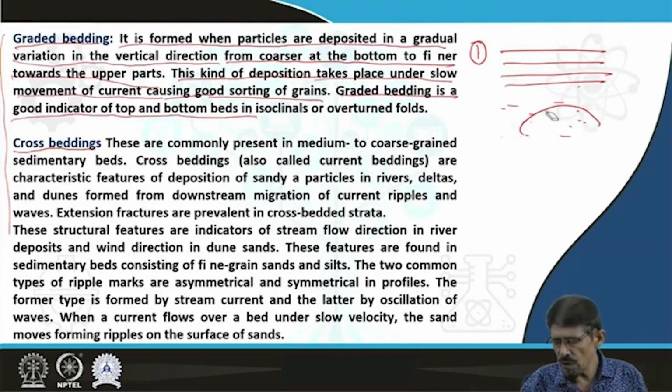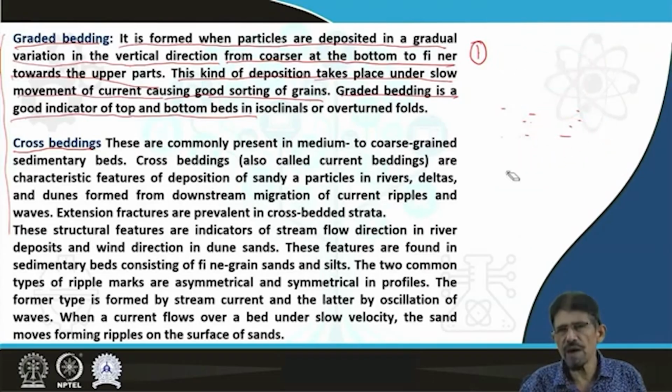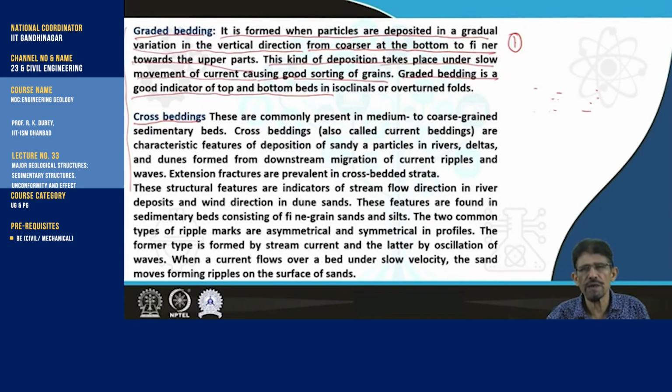If we look at bedding based on thickness, we can categorize it as thick, very thick, moderate, thin, very thin.